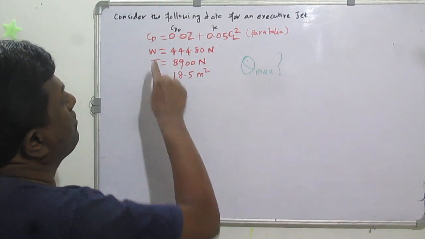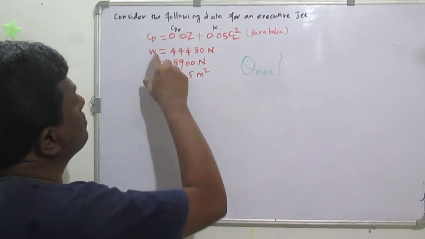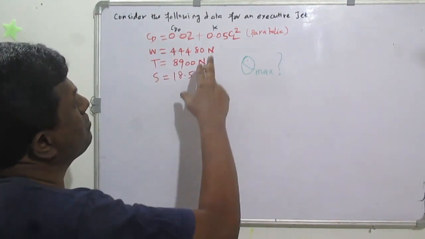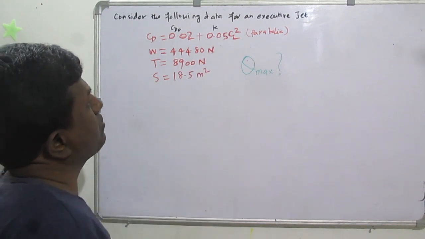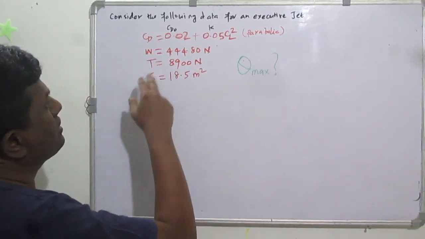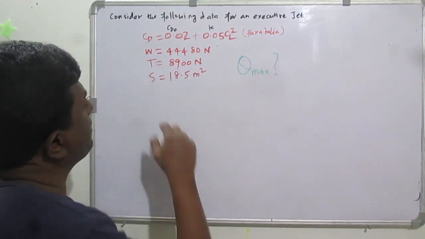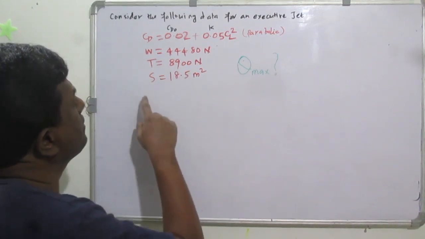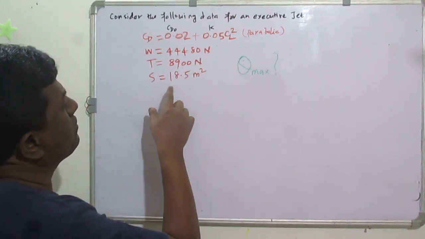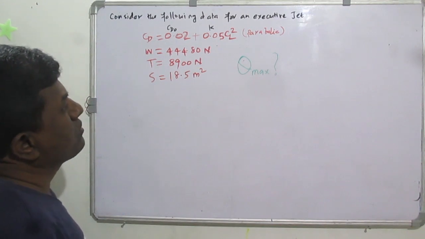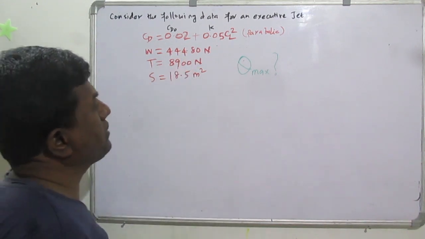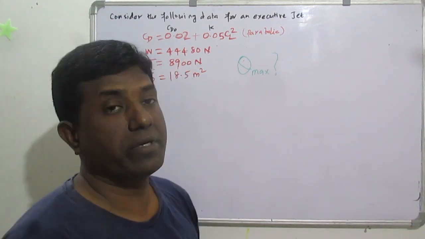We have the drag polar, CD equal to 0.02 plus 0.05 CL squared. The weight is 44,480 Newton, thrust is 8,900 Newton, and wing area is 18.5 meter square. For this given data, we have to find out the maximum angle of climb.